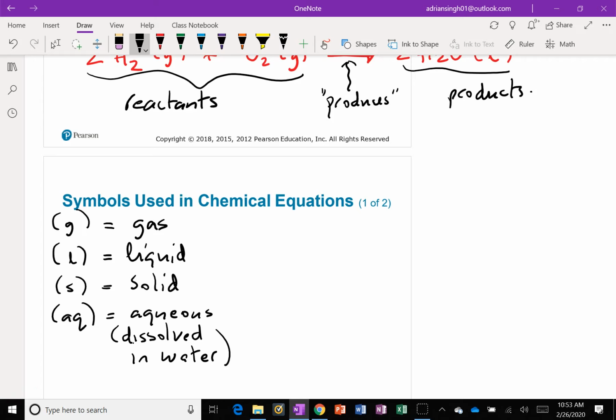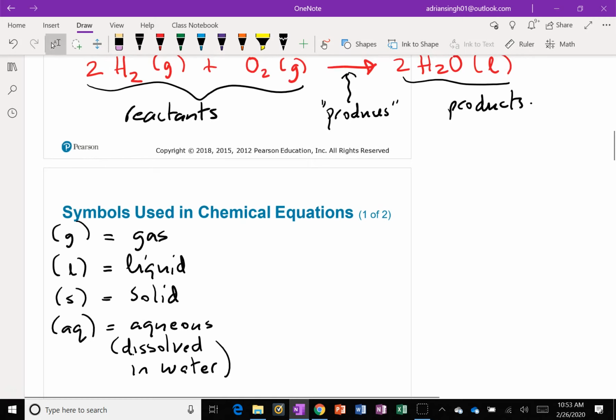Right? So those are the 4 physical states. We call these state symbols that we're going to see in a chemical equation. Right? So chemical equations represent chemical reactions or chemical changes.